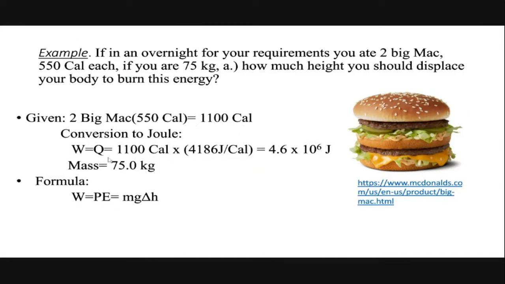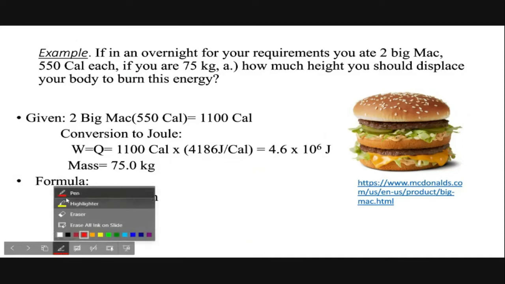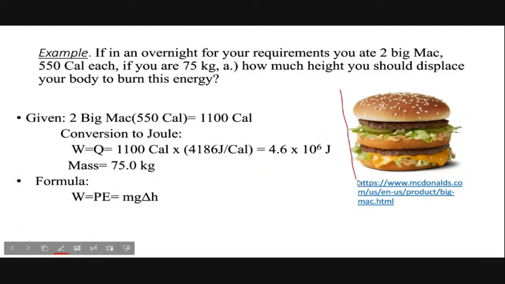We have to convert that to the amount of heat generated by this Big Mac, and this is also the work that you need to exert in order to burn this energy. So we have 4.6 times 10 to the power of 6 joules of energy that is provided by two of our Big Macs. Another given here is 75.0 kilograms.